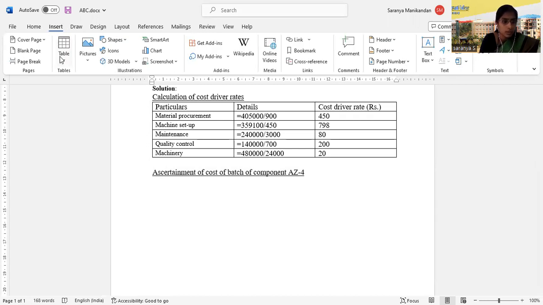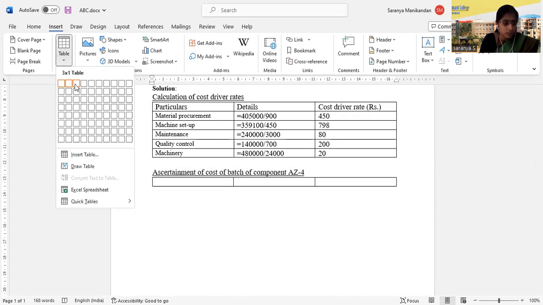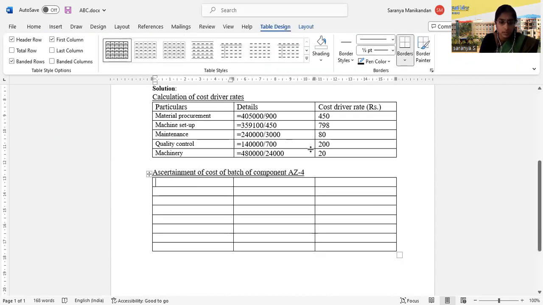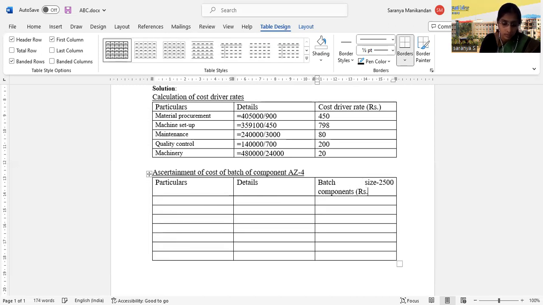Here also 3 columns are sufficient. The first one is particulars, then details, and batch size, which is given as 2,500 components. This is in rupees, just writing for our reference.